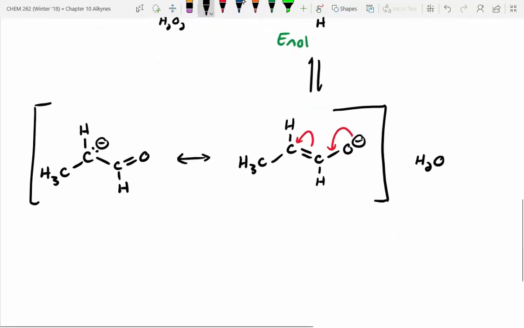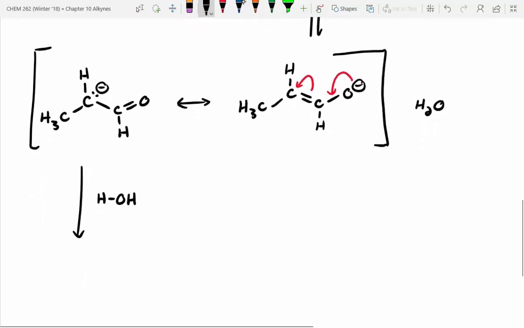All right, so in this next step, we still have water floating around. That was our conjugate acid. This carbon with the negative charge can just steal the proton back from water.